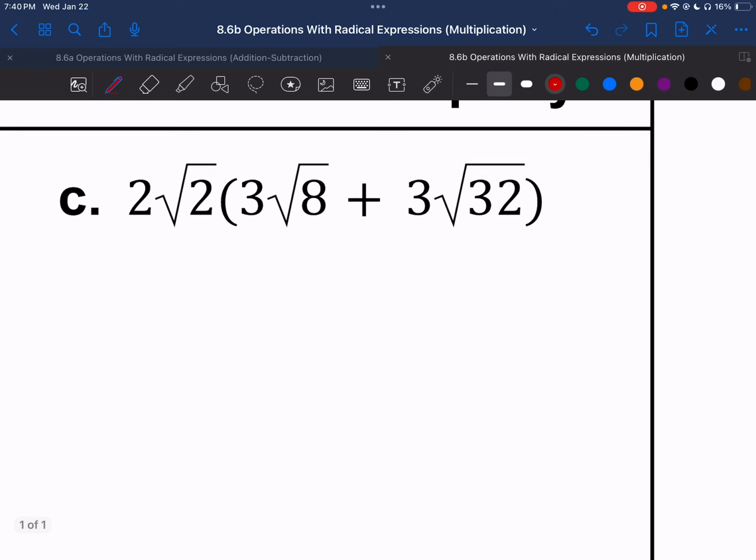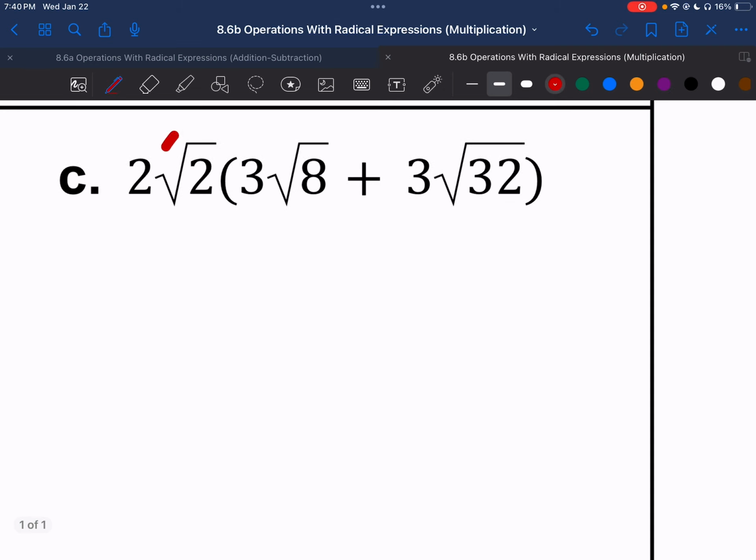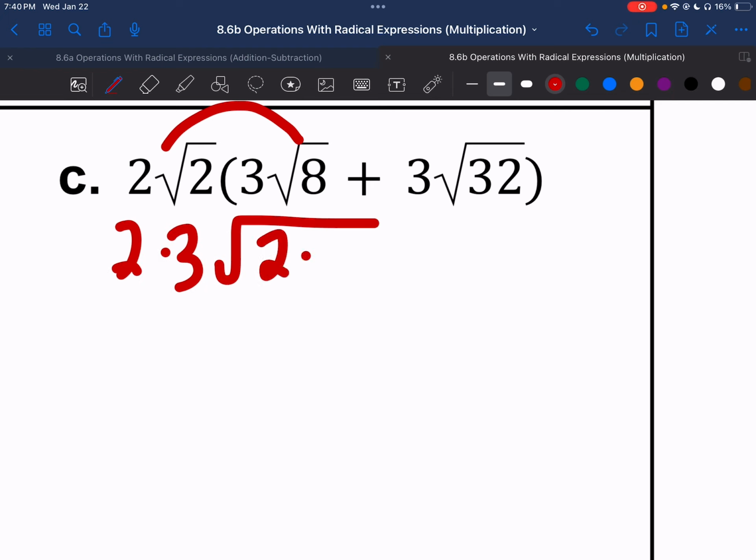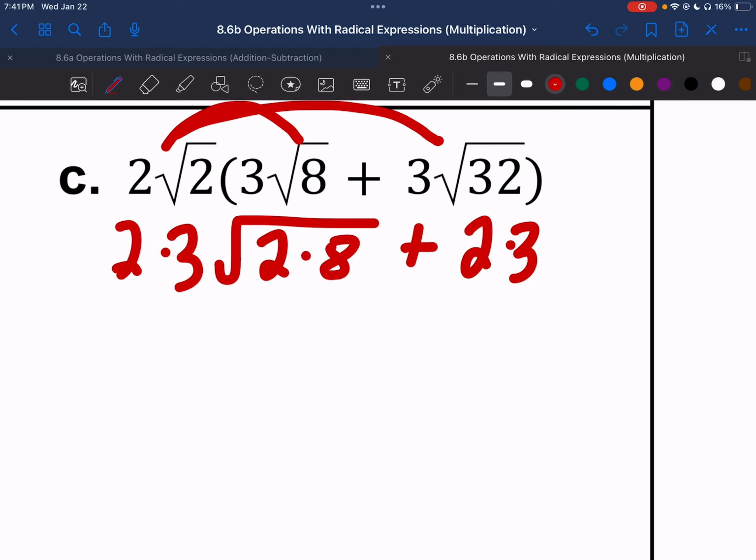We have 2 root 2 times 3 root 8. So that's 2 times 3, and then we combine the radicals, 2 times 8, plus 2 root 2 times 3 root 32. So we have 2 times 3 square root of 2 times 32.